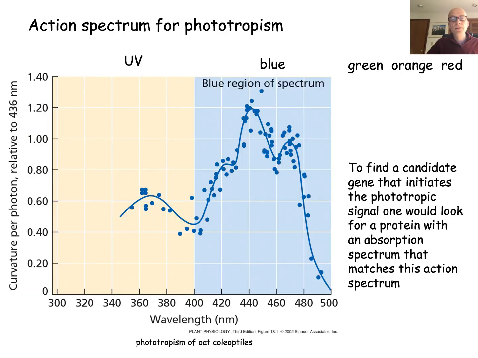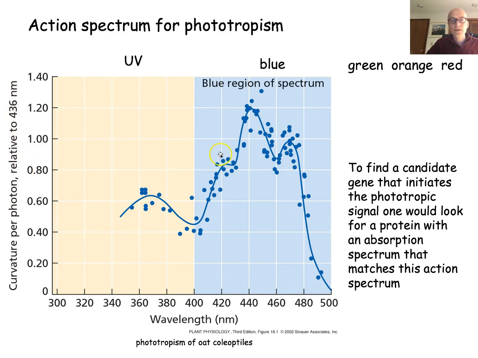And just like with other receptors of light, you can graph an action spectrum so that you can find out what responses are specific to certain wavelengths. Just like we did this for phytochromes, we can now look at an action spectrum. In this case, the action that we are graphing is the phototropic curvature per photon relative to 436 nanometers.